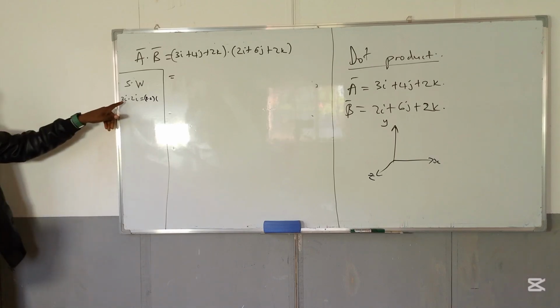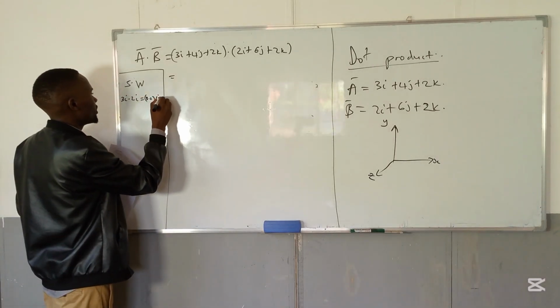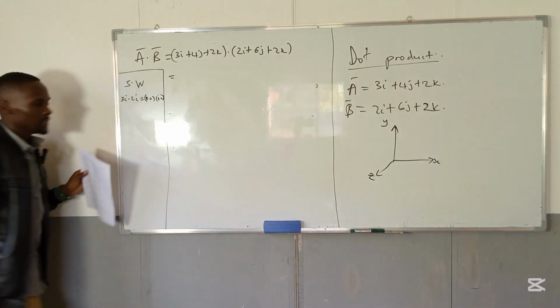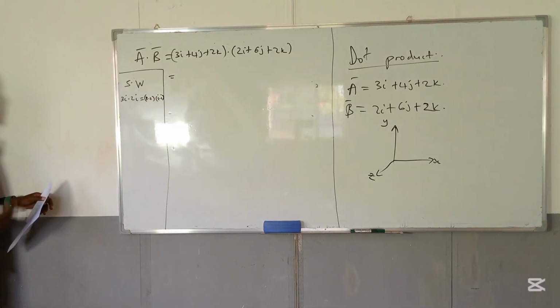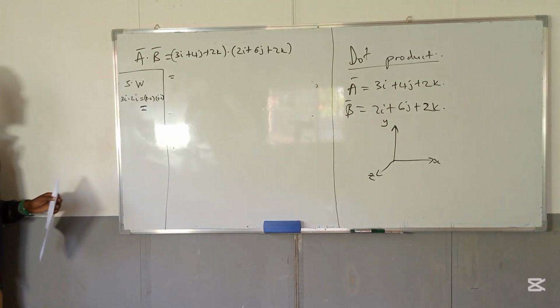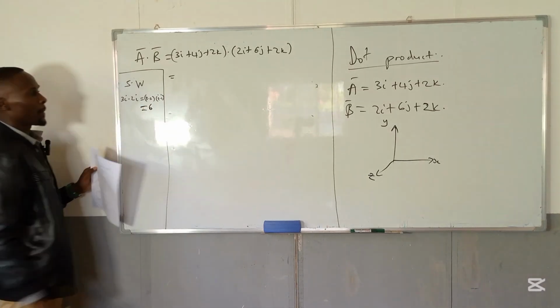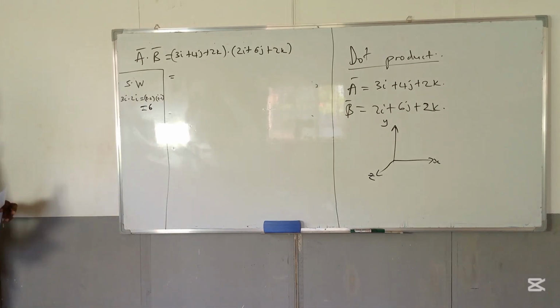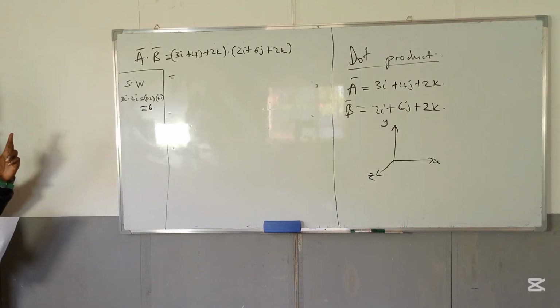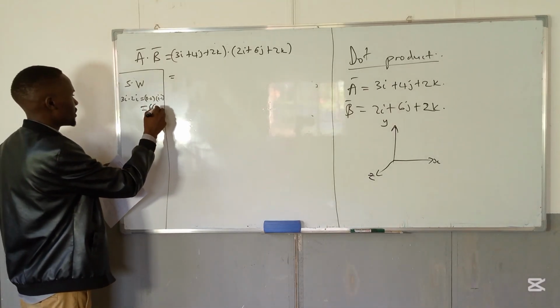Then i dot i. 3 times 2 will be giving us a 6. Then i dot i is 1, as we have talked about previously.